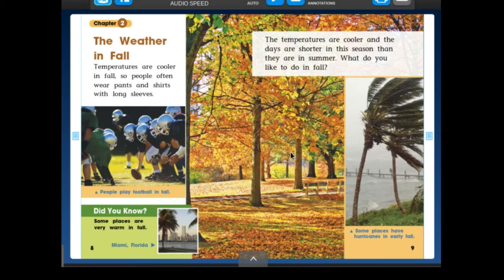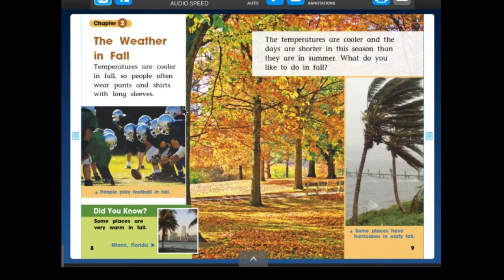Did you hear anything about what the clothes are that people wear or why? Temperatures are cooler in fall, so people often wear pants and shirts with long sleeves. That word so is a big clue. People often wear pants and shirts with long sleeves.